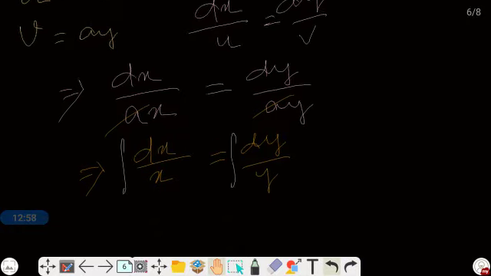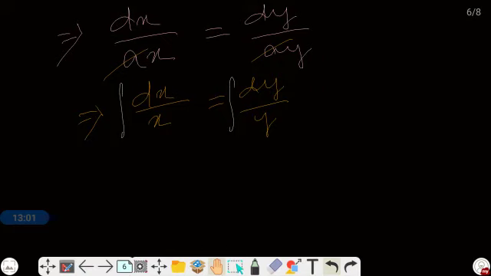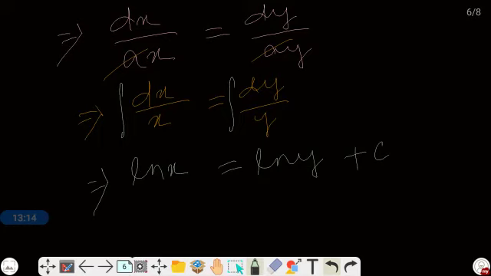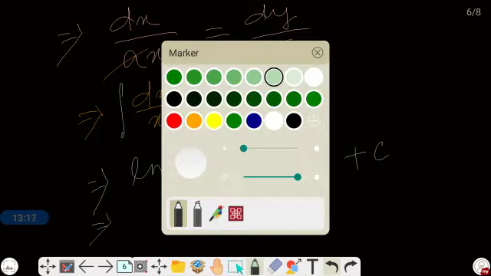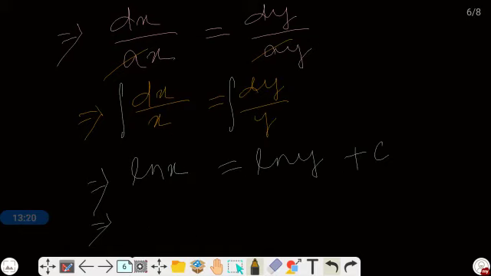ln x, I'm writing here only so that it will be convenient for you. ln x is equal to ln y plus a constant, the integrating constant. Now I will write the integrating constant in terms of ln. Let's suppose it is ln k.